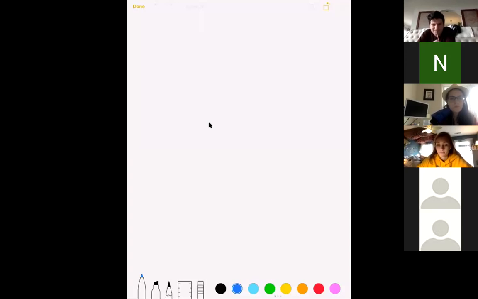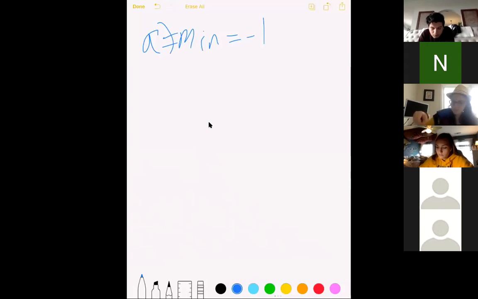Okay, so if there's no alterations to the function, that means we're operating basically under the unit circle. So the minimum value would be -1. So for part A, the min is -1. And then we just have to figure out at what x value does cosine of x equal -1. And the smallest value where that happens is where x equals pi.